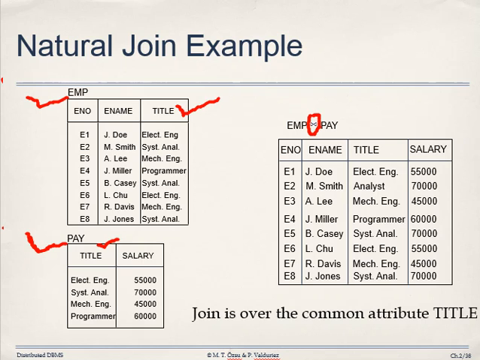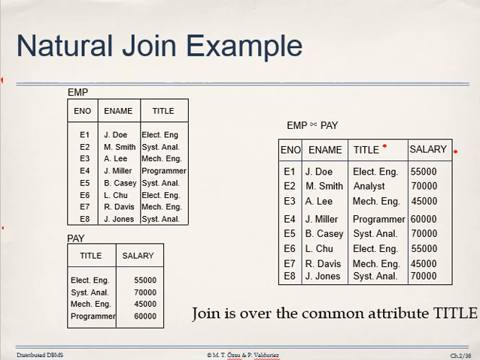We should not have both employee.title and pay.title. So in the result table we have 1, 2, 3 and 4. The total number of attributes should be 4, because the attribute name is the same, so it will be displayed only once.